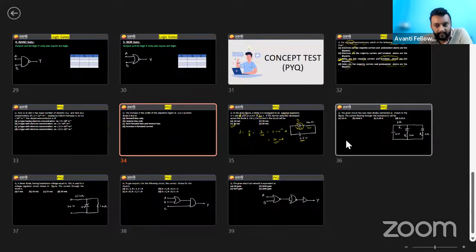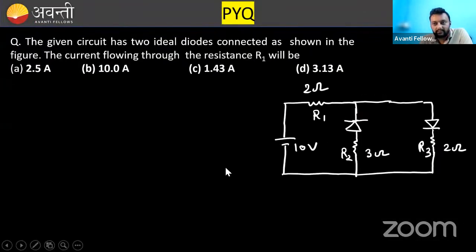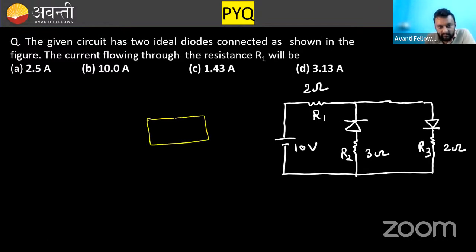You can solve one more question before moving on. When forward current increases, the depletion region decreases. If you increase the applied potential, you can see here, this is P, this is N. If you forward bias it, and forward current increases, it means you are increasing this applied potential.